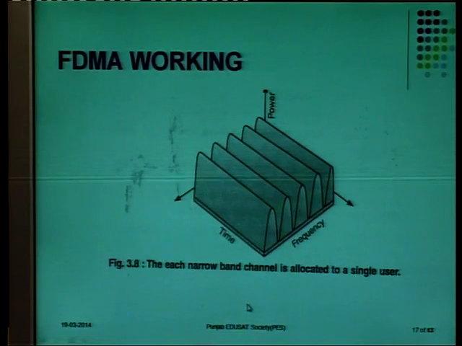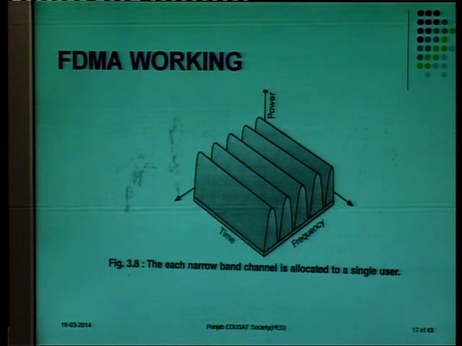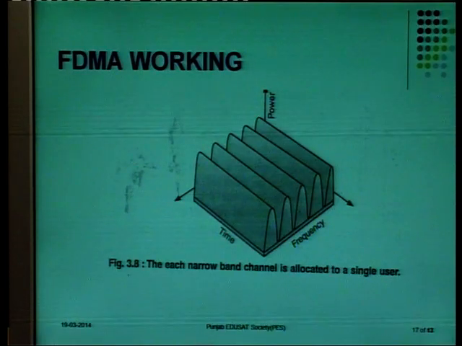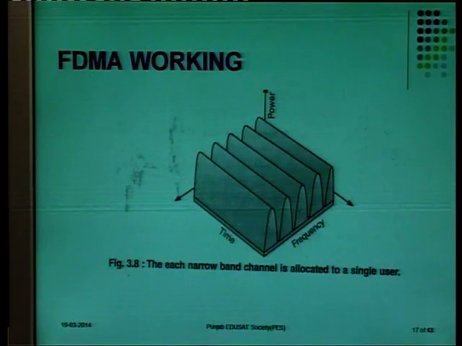As an example, in the case of multiple access techniques, we can have an example of hiring a car or owning a car. If you are the owner of a car, the car is there for your particular dedicated use.